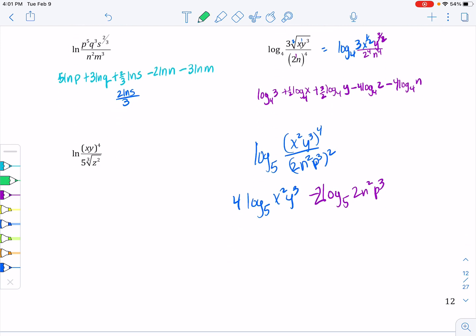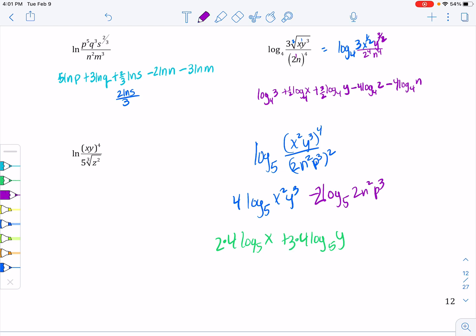So then I'm going to do 4 log base 5 of x, but the squared, that's this power, gets multiplied out in front by the 2. So the 2 times the 4 really gives us 8. And then I would do plus 4 log base 5 of y, and then the cubed of this power really gets multiplied out in front.